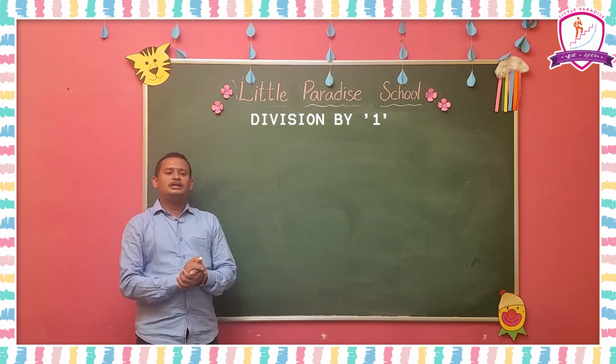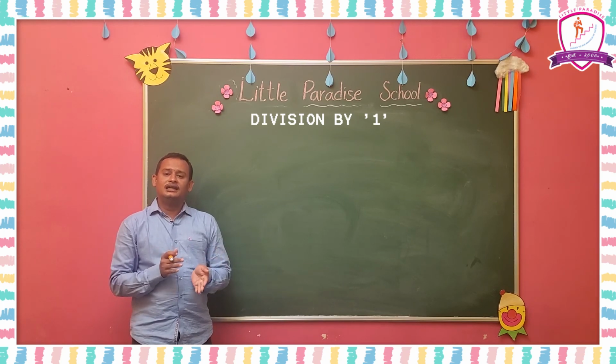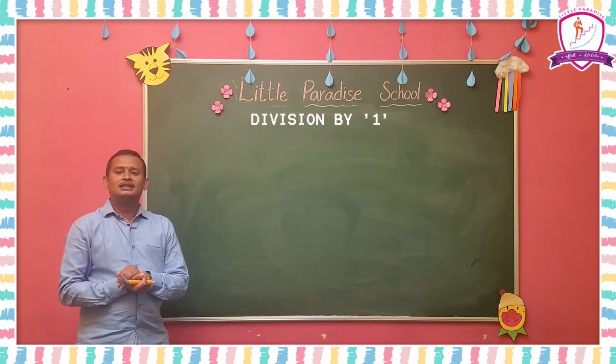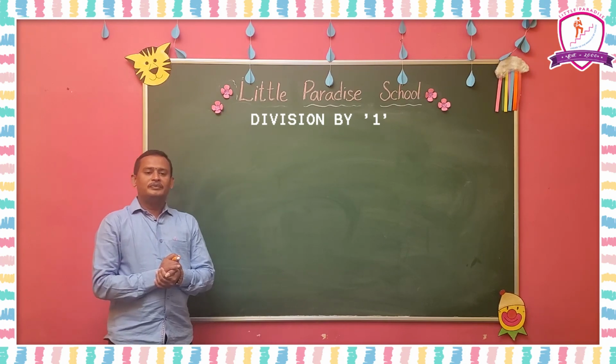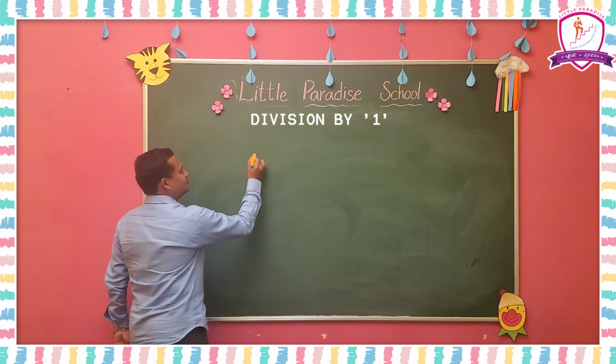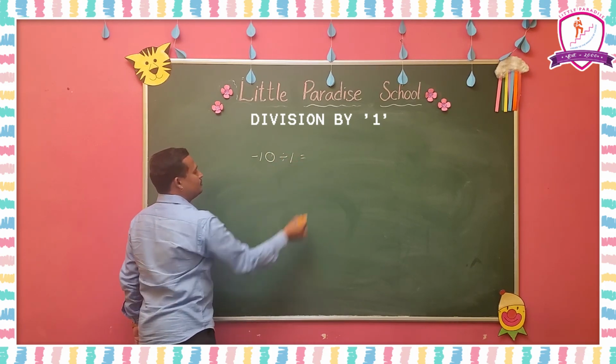Next, division by 1. When we divide any integer by 1, we get the same integer as the quotient. We know that already. For example, minus 10 divided by 1 is equal to minus 10.